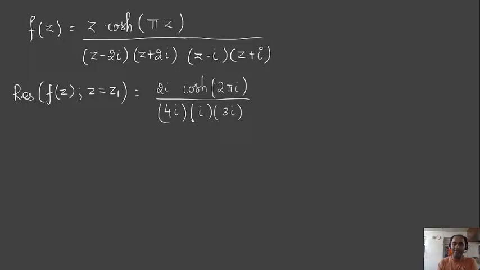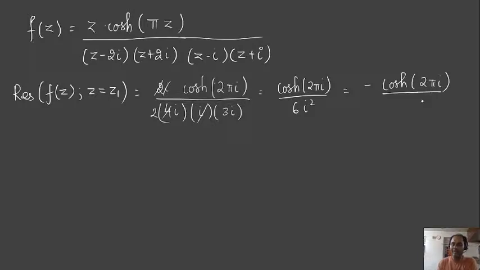So you have one i getting cancelled, and then it is 4 into 2, so here it is cos h 2 pi i divided by 6i square, that is going to be minus cos h 2 pi i divided by 6. That's what you will get.